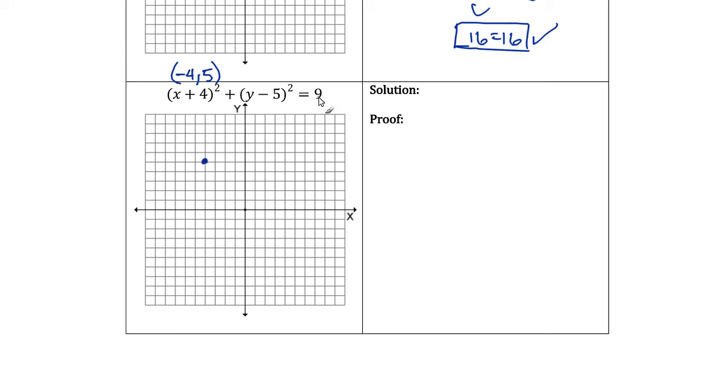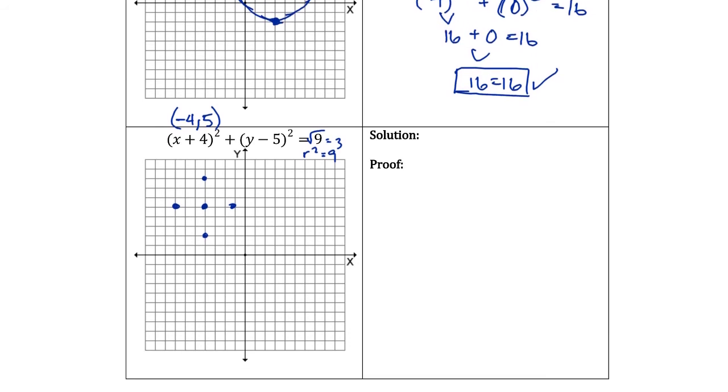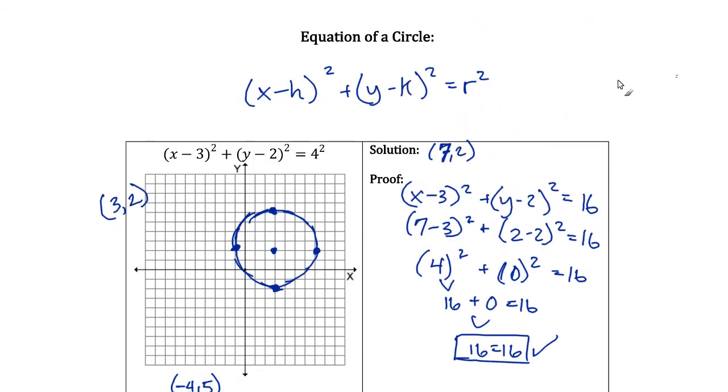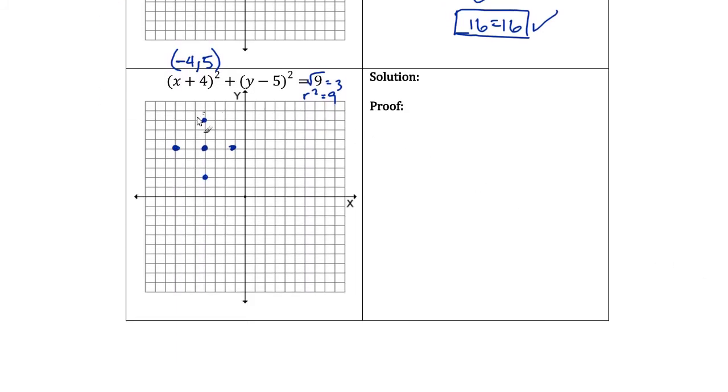This one was already squared, so we would actually have to take the square root of that, which is 3. Remember that 9 was the r squared. We didn't need to do that in the previous one because it just showed you that was r squared. So r was 4.